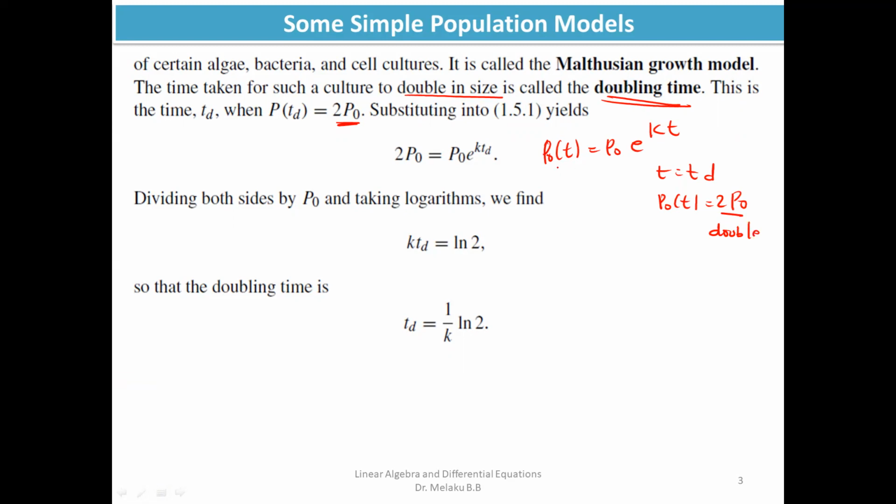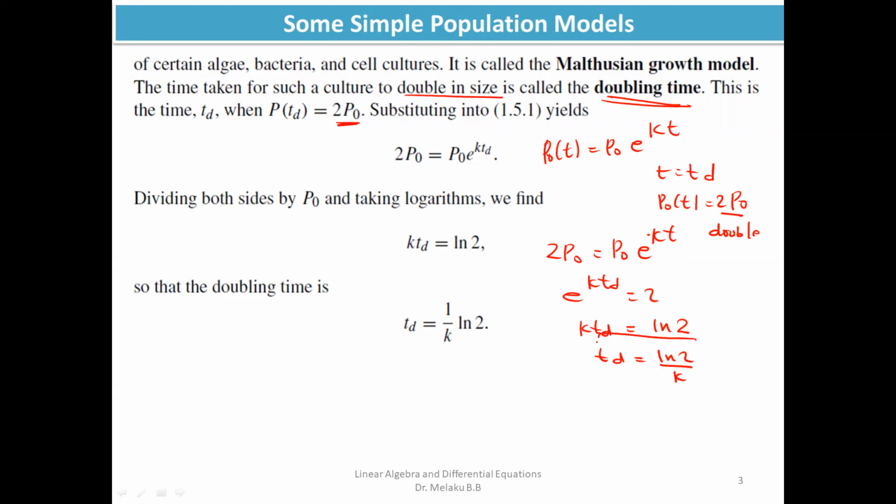Therefore, upon substituting here, 2 times P naught equals P naught e to the power of k T_D. Therefore, you can cancel P naught by P naught, and e to the power of k T_D is the same as 2. Therefore, we can say that k T_D is the same as ln of 2, and T_D is simply equal to ln 2 over k.